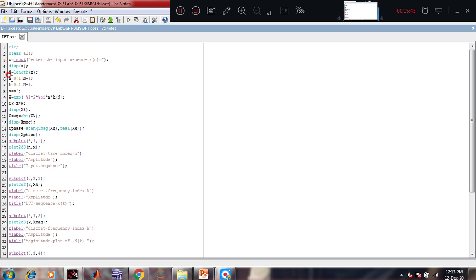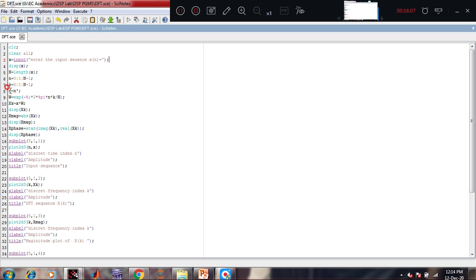Then I have to define the range for these two indices: n from 0 to n minus 1 and k from 0 to n minus 1, right? In order to make the multiplication possible between the input sequence and the DFT matrix, I have to take the transpose. So I have to convert the row matrix into what? A column matrix. Yes or no?